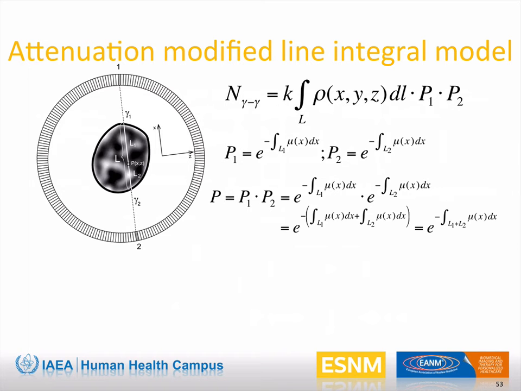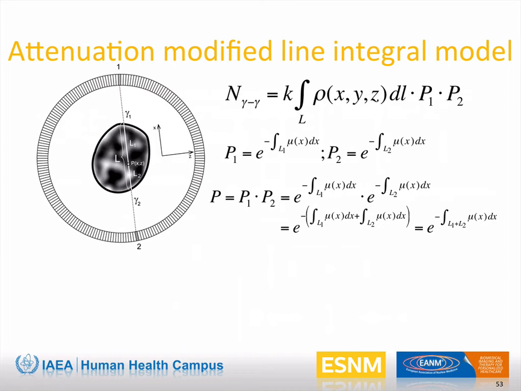Thus, the probability P for both gamma rays to reach the corresponding detectors and then contribute to a certain line of response is the product of P1 and P2.